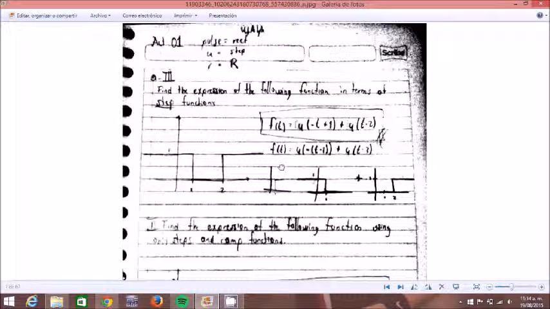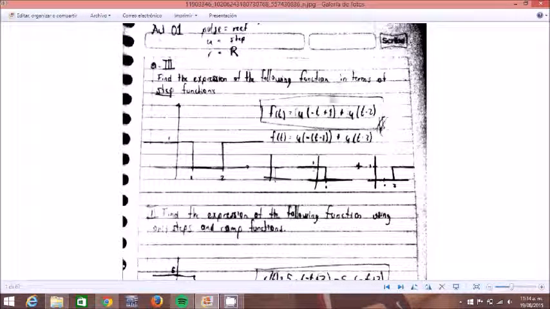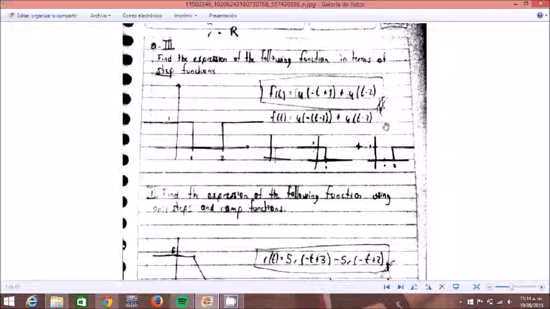So then we have that our function goes like this: u(-t+1) plus u(t-2). Then I'm going to explain why we get this result.